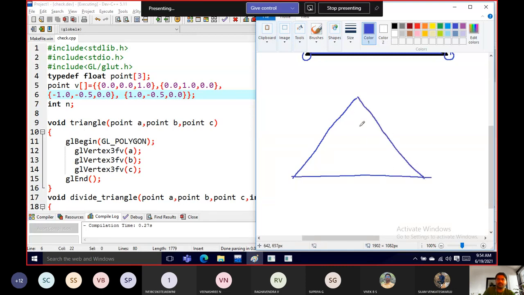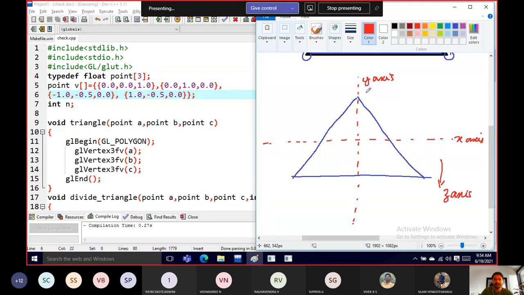This is just a blueprint. So this is my x-axis, this is my y-axis, and the z-axis is actually parallel to your view. So that will be the z-axis.